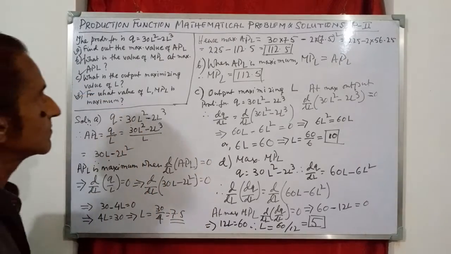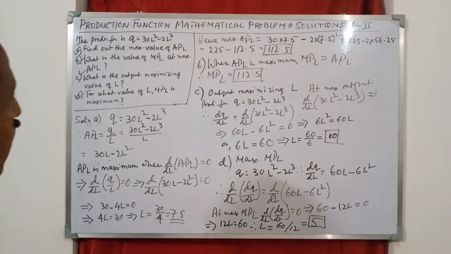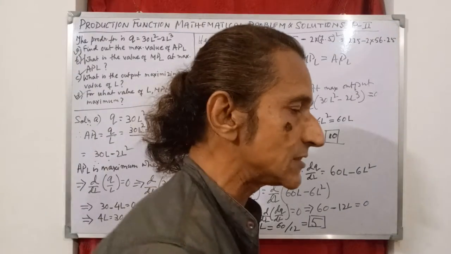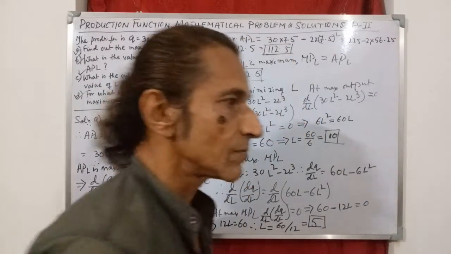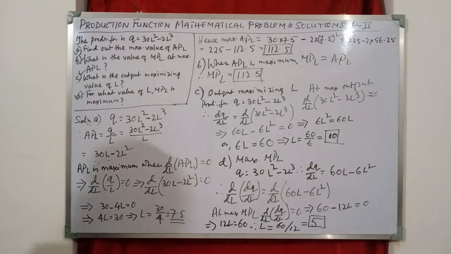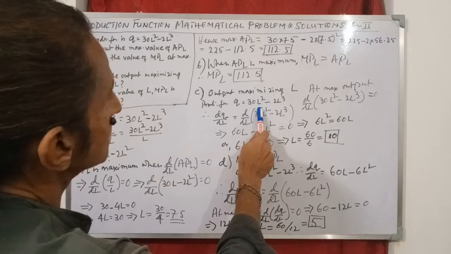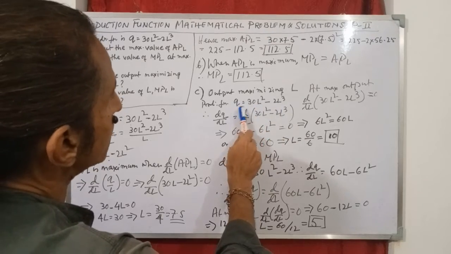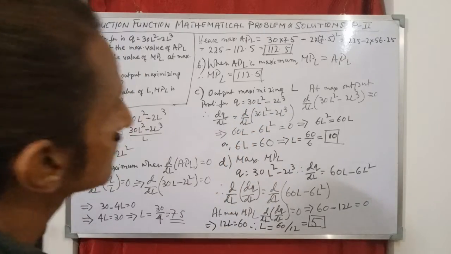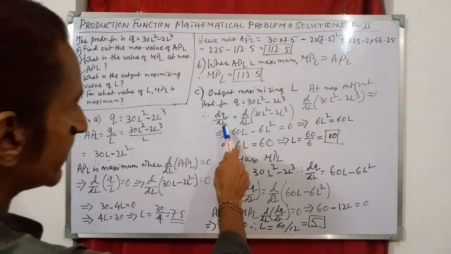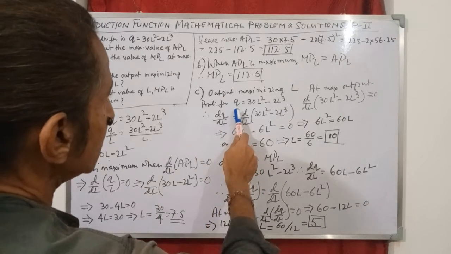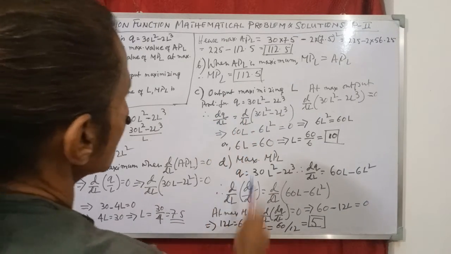Now come to part C. What is the output maximizing value of L? Now output is maximized when dQ/dL becomes 0. The production function is given Q equals 30L square minus 2L cube. So we are differentiating Q with respect to L. So dQ/dL becomes this.